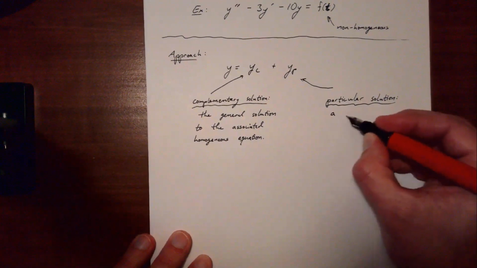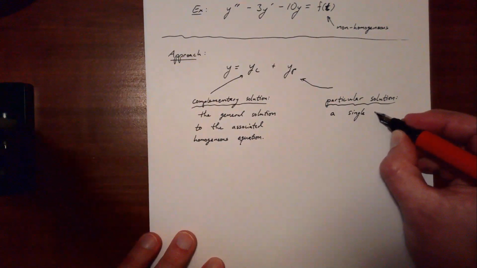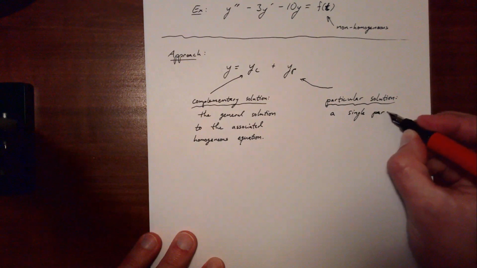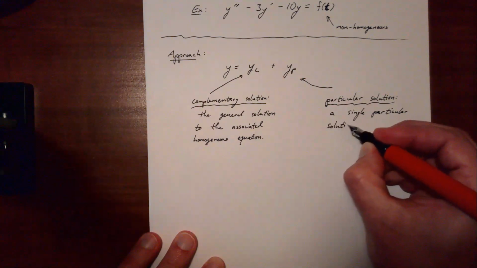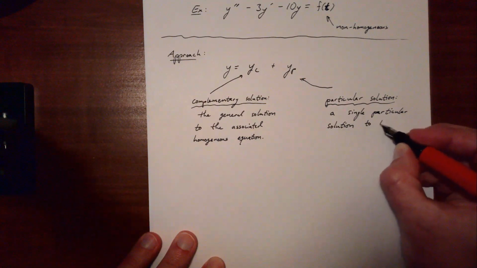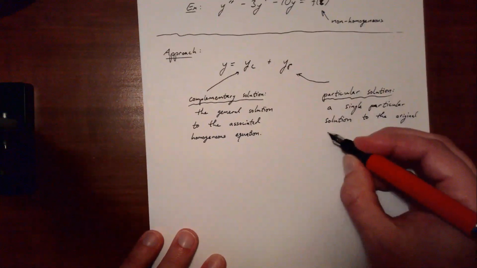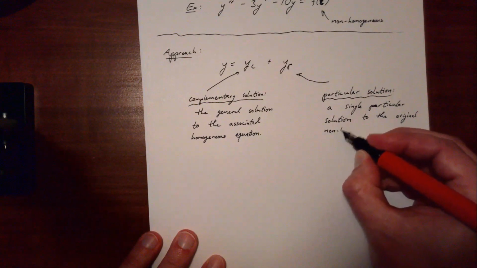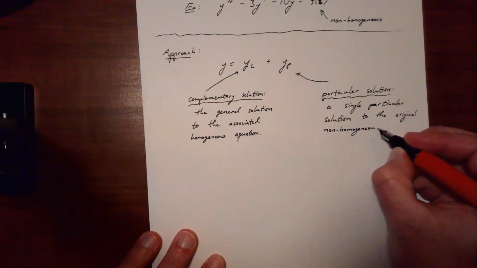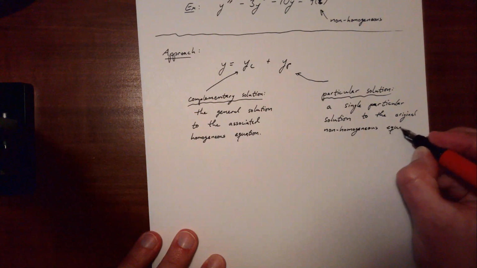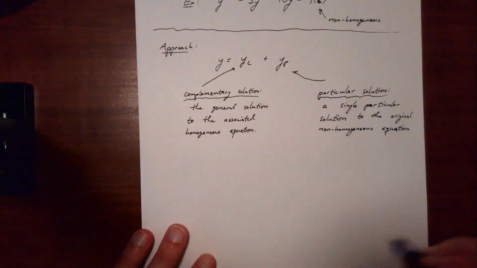So this is a single particular solution to the original non-homogeneous equation.